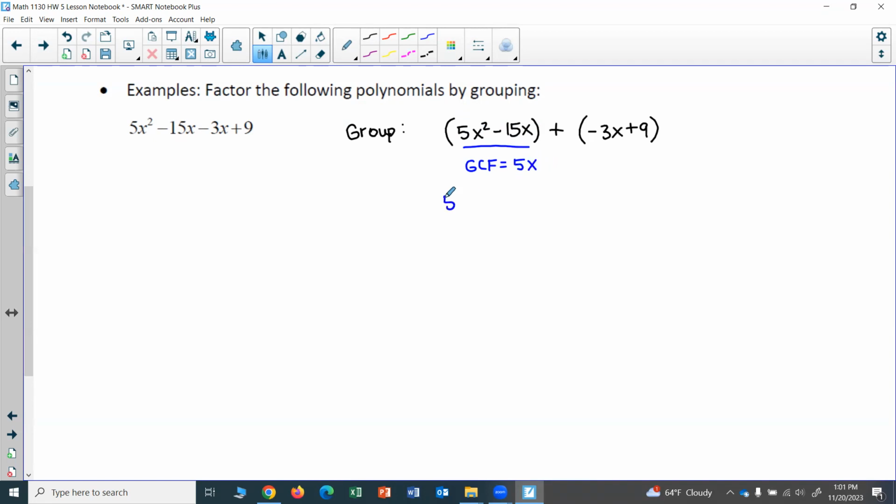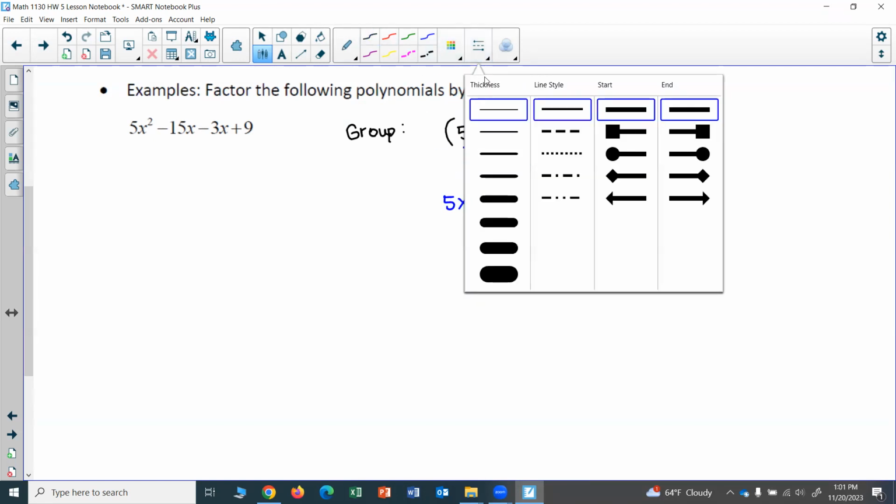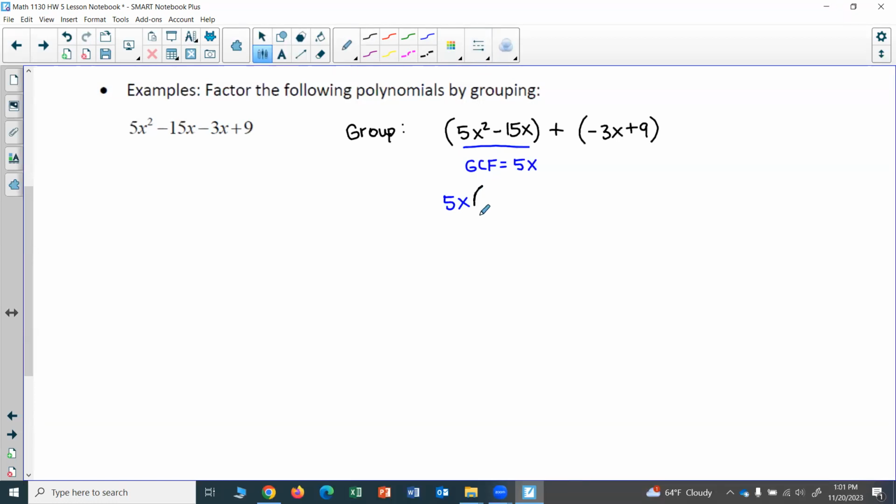So I'll have 5x, and then I'll look at what's left over. In the first term, I've taken out the 5, I've taken out one of the x's, so I just have an x left in the first term. And for minus 15x, I've taken out 5, so I just have 3 left. And I've taken out the x, so I don't have any x's left. So I have 5x parentheses x plus 3.